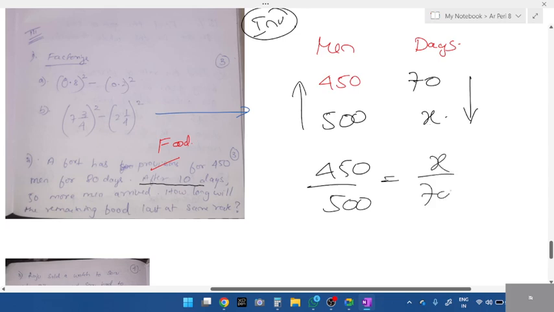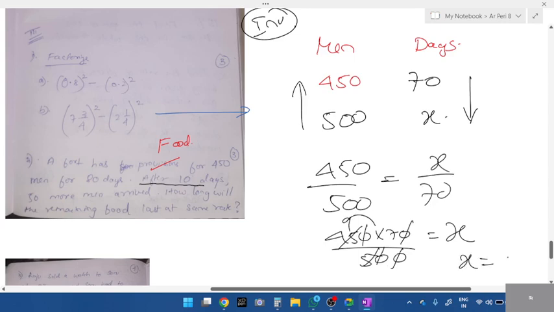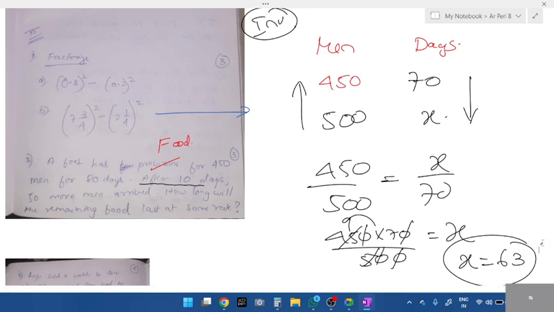So 450 divided by 500 is equal to, very good, x by 70. If I want to find x, what happens to 70, students? 500. How many zeros get cancelled? 2. 5 ones are 5, 5 nines are 45. What's the answer? X is equal to 9 sevens are 63. Is it correct?